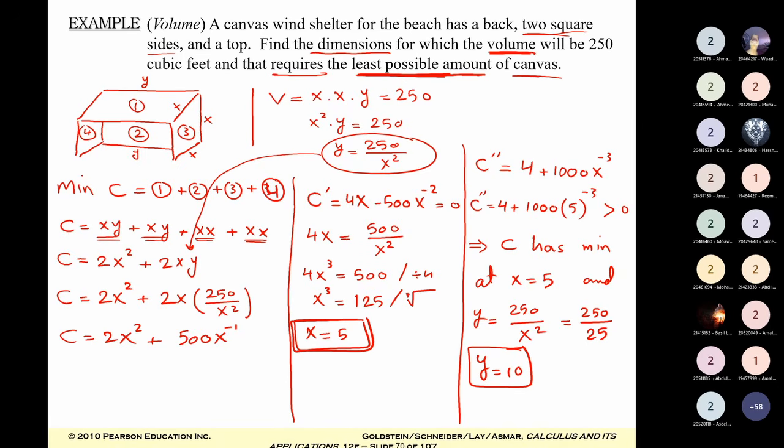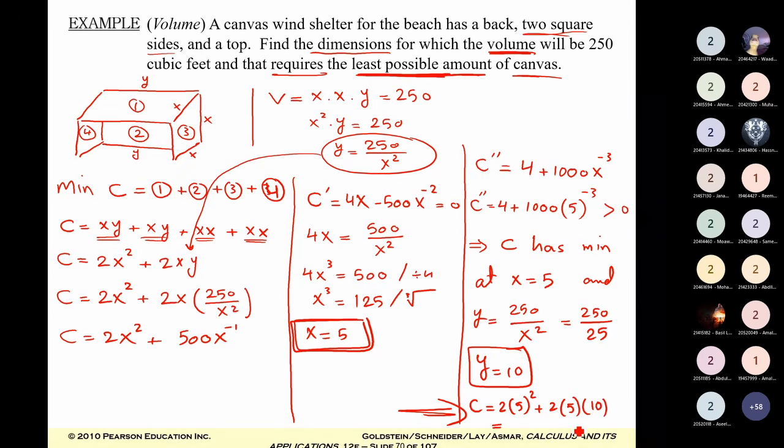Then the least amount: we can conclude the least amount C equals 2x square plus 2 multiply 5 multiply by 10.